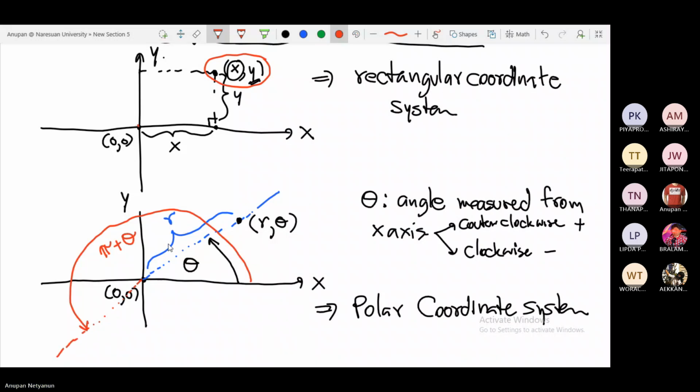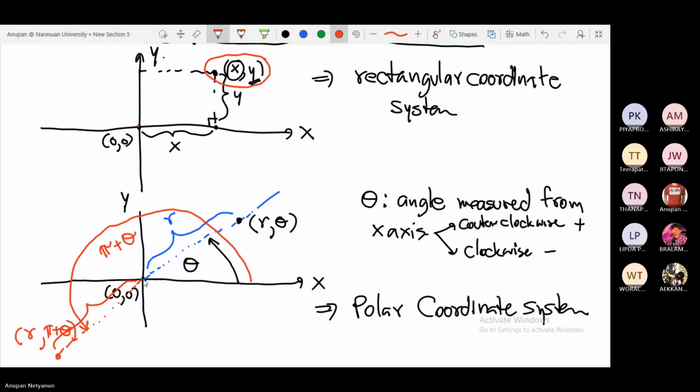Now, you can see that if I walk r unit on this line, I'm going to be on this point, which is called, the angle is pi plus theta, and I walk r unit, right?